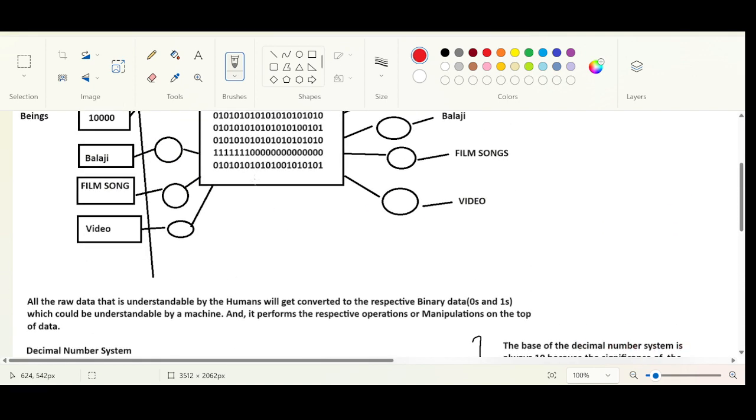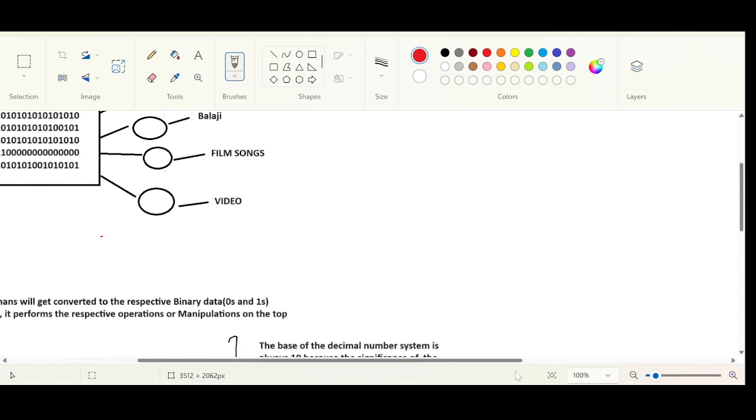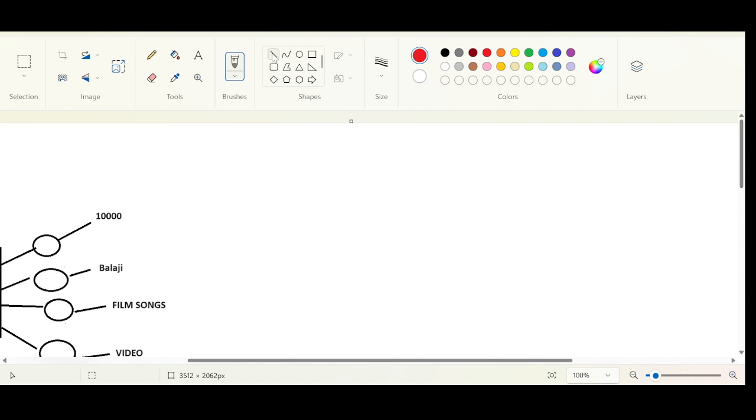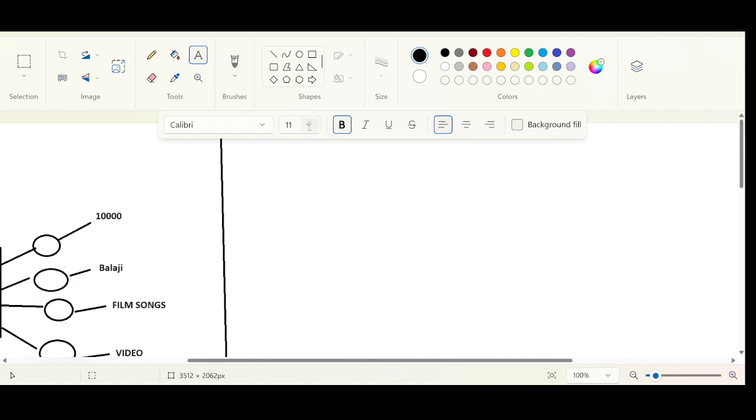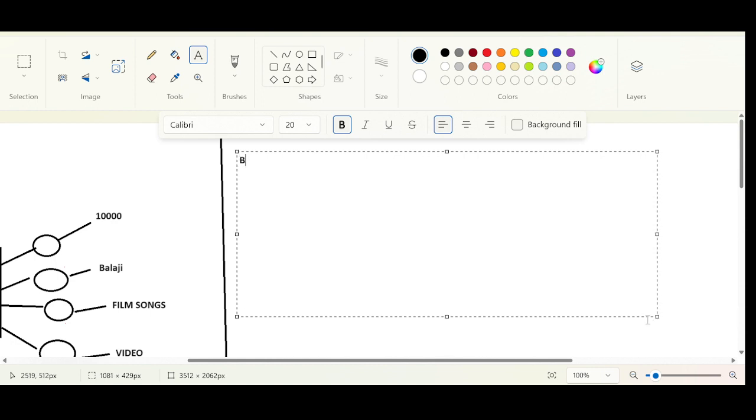Secondly, we will understand the binary number system.